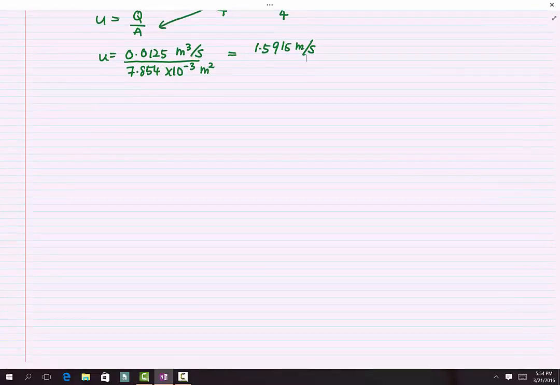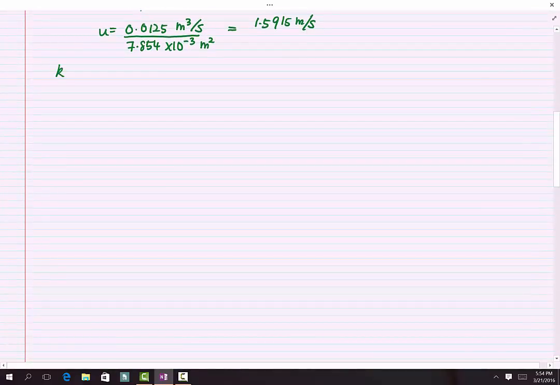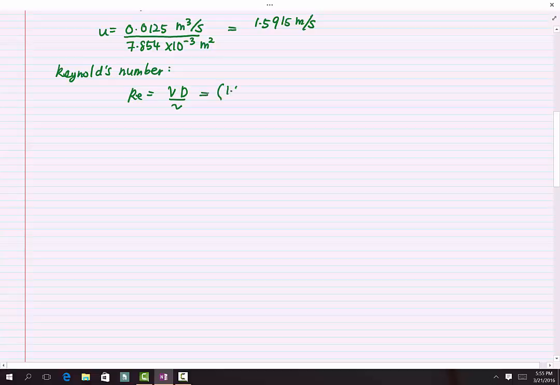Substitute into the Reynolds number equation. Reynolds number is Vd over kinematic viscosity. So velocity is 1.5915 meter per second times diameter 0.1 meter, divided by kinematic viscosity, which is 1 times 10 to the power of minus 6 meter square per second.